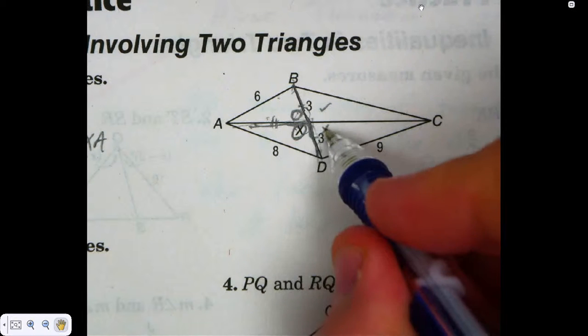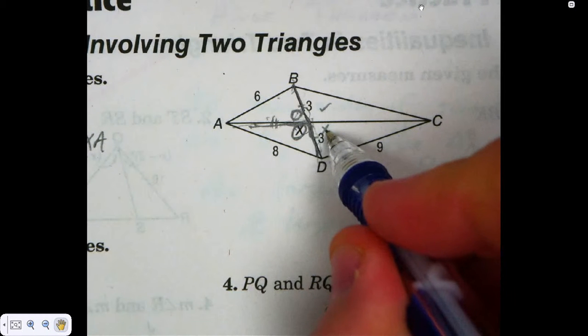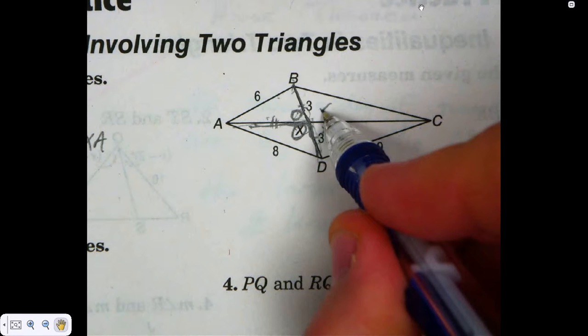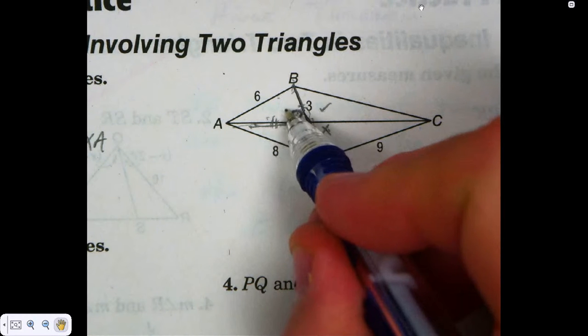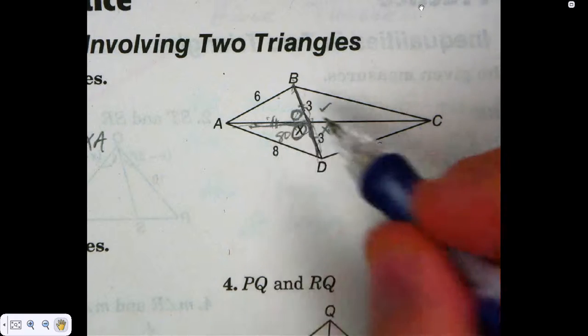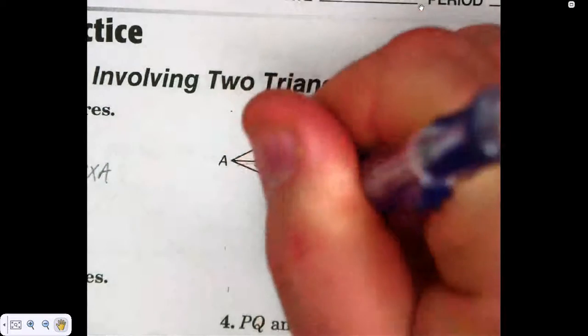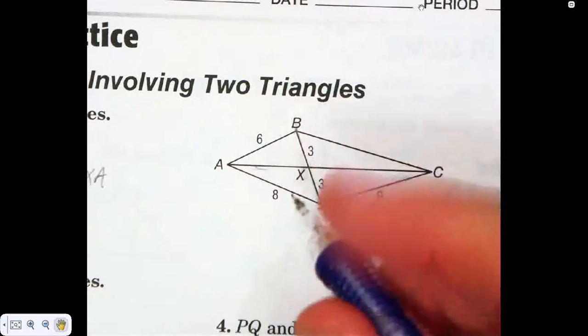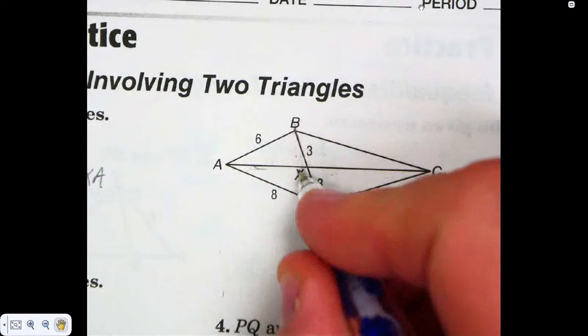Because what's left out of 180 is going to be less here than what's left here. Sometimes when you're dealing with things that are kind of conceptual like this, it's better to put some numbers in there to understand it. What we're saying is that this one is bigger than this one.